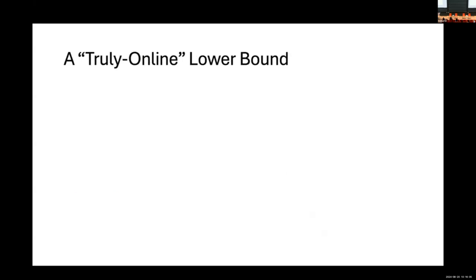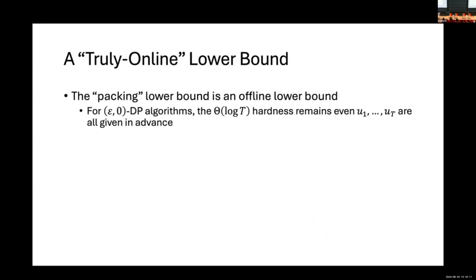Before going to the proof, I want to quickly mention that this is in some sense a truly online lower bound, because the packing lower bound also holds for the offline version of the problem. So the Omega(log t) hardness remains even if the algorithm is given U1 through UT in a single batch.